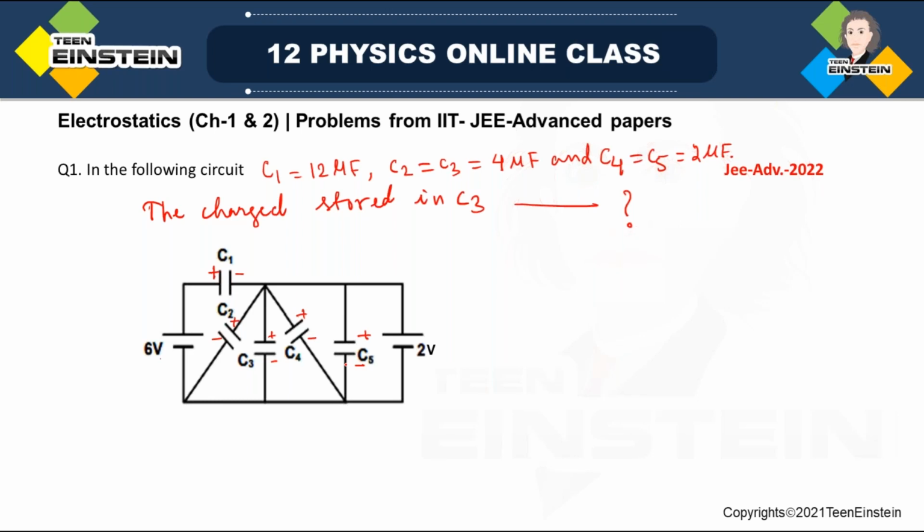So what you understand from here, if we want to understand which are parallel and which are in series combination, we know if more than one capacitor have their positive plates connected together, same at A, and negative plates again connected together, then they are parallel.